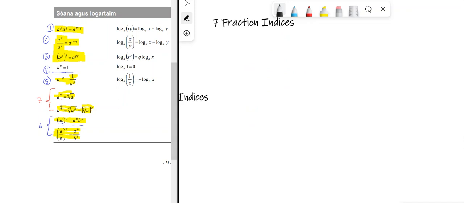So if we take the first one, a to the power of 1 over q is equal to the q-th root of a. So if we take something like, as an example of that, 4 to the power of 1 over 2, that's just going to be equal to the square root or the second root of 4, which is just equal to 2.